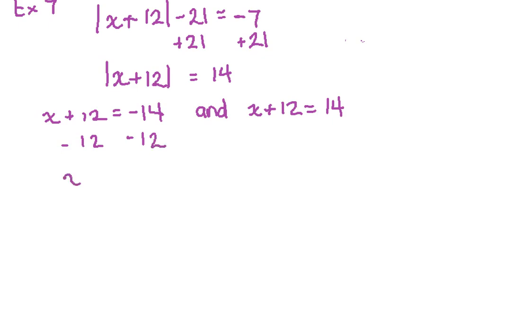And here I'm left with x is going to equal negative 26. And here I'm going to be left with x is equal to 2. All right, and that's going to give me that solution.